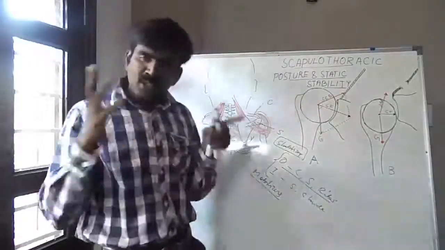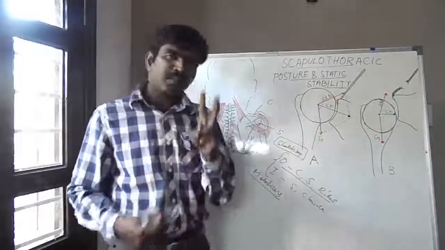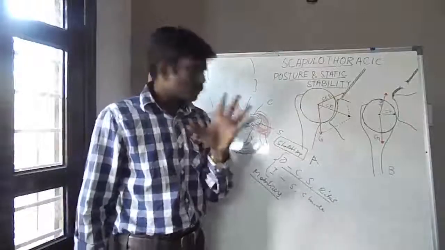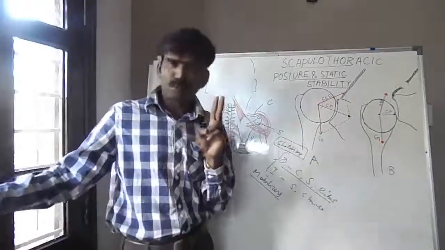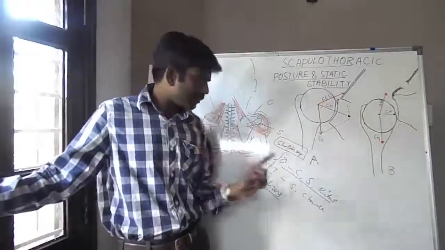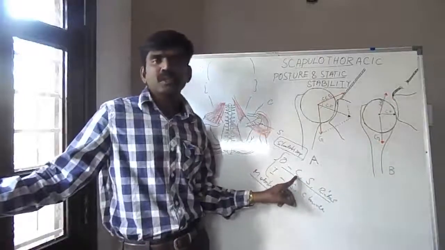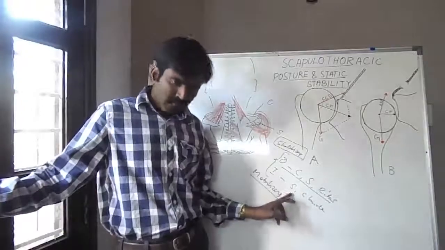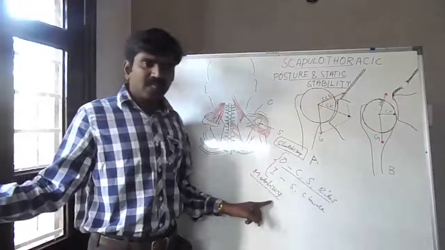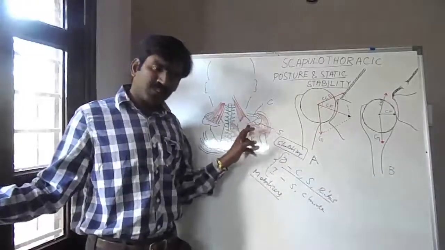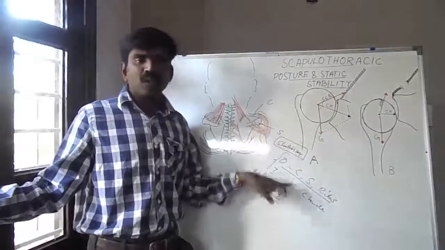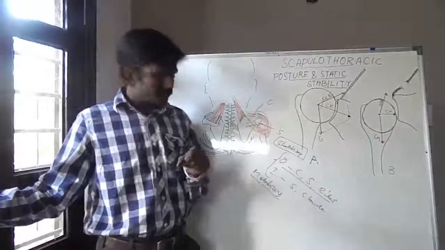Clear? So any of the shoulder muscles come under two categories. One is stabilizers, another is mobilizers. Stabilizers originate from the cranium, spine and ribs, with insertion in the scapula or clavicle. Mobilizers originate from the clavicle or scapula and are inserted into the humerus or the forearm.